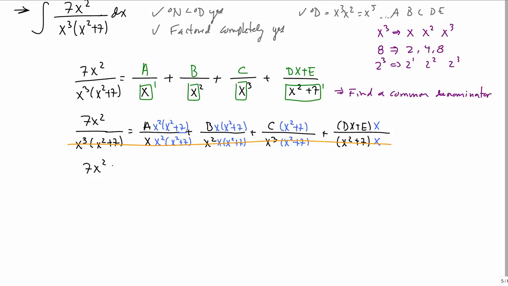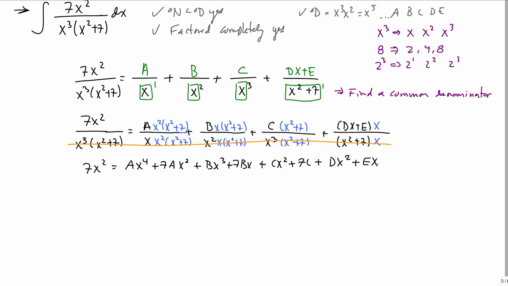So looking at the numerators, I have ax to the 4th plus 7ax squared plus bx cubed plus 7bx plus cx squared plus 7c plus dx squared plus ex.